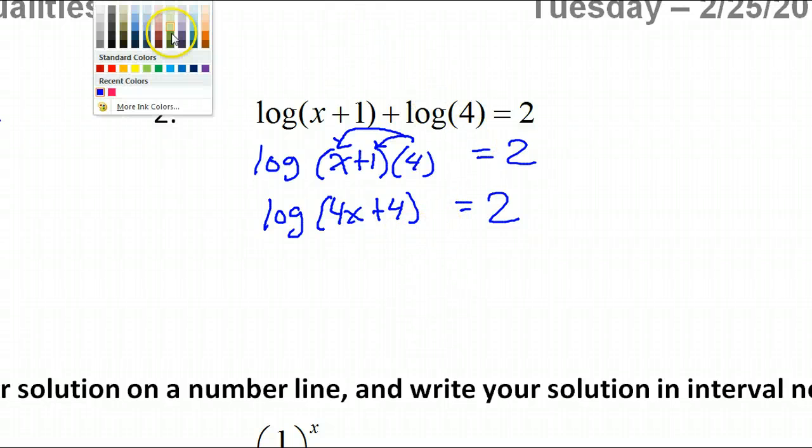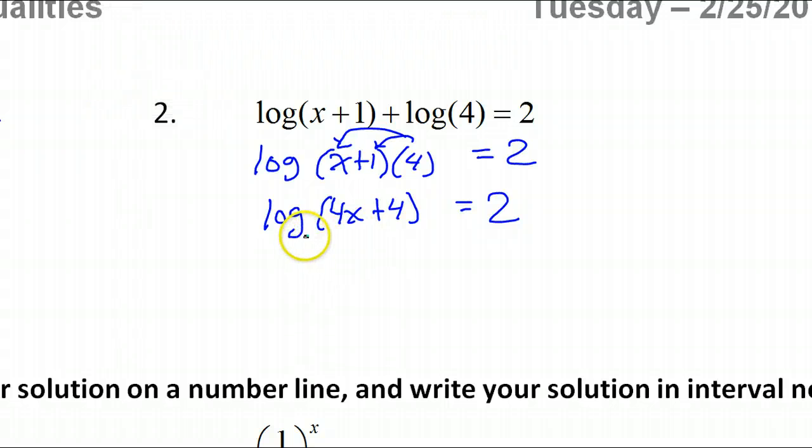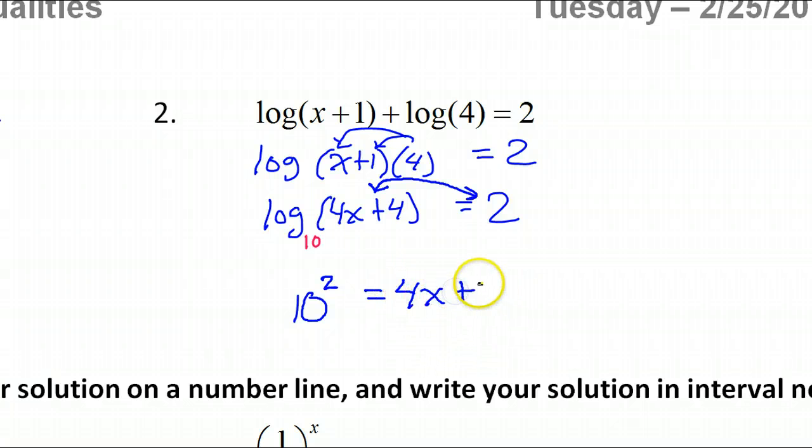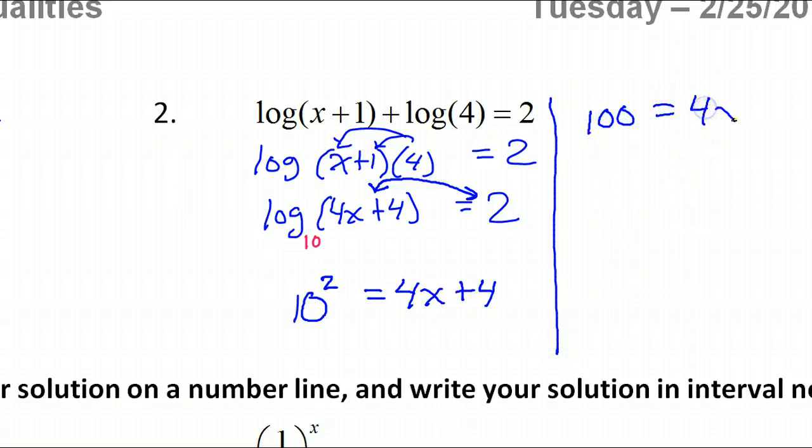The invisible base here is an invisible base 10. So I'm going to start with that. Bring down your invisible base 10. Now these two parts will trade sides. This 2 is going to become the exponent, and 4x plus 4 will be over here by itself. Now of course 10 squared is 100, so I have 100 is equal to 4x plus 4.